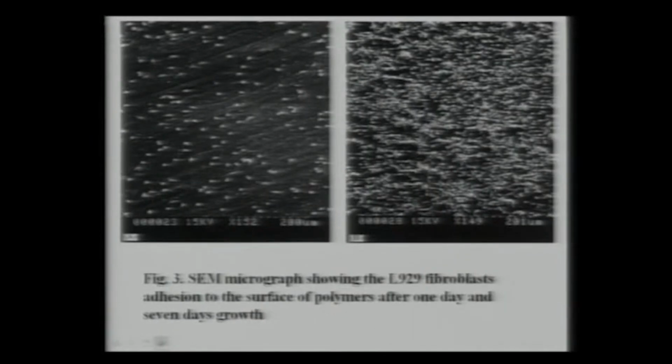This micrograph tells you what happens after 1 day, and the right-hand side micrograph tells you what happens after 7 days. At the end of 1 day, L929 fibroblast cells are adhering, but the number is much less. But at 7 days, the cells are adhering, and at certain points, cells are forming some cellular network or cellular bridges.